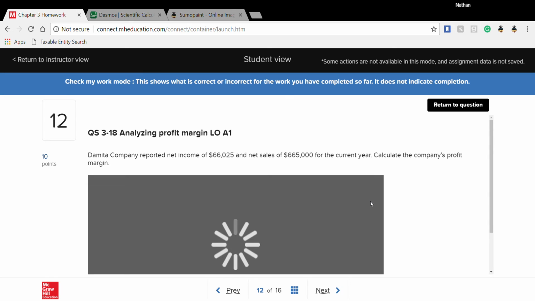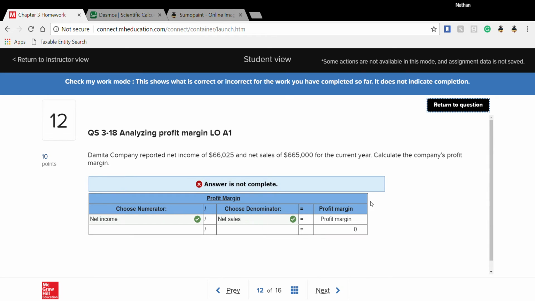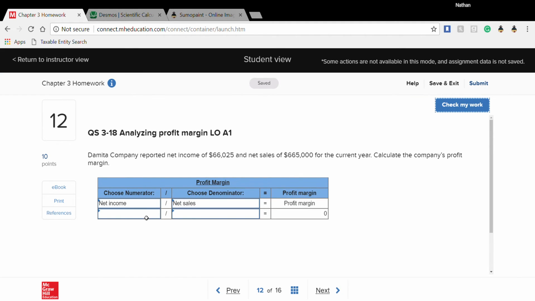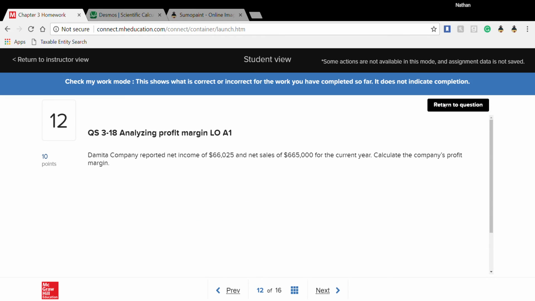And again, always check your work. We're good, right? I just like showing the formulas first sometimes. So, put in our numbers, 66025. The reason we show you these ratios is that you definitely know these are going to pop up, not guaranteed on the quiz, but on the exams, you're probably going to see it.